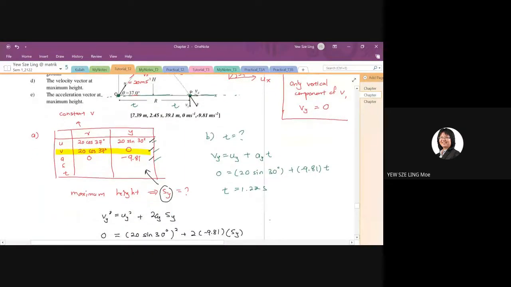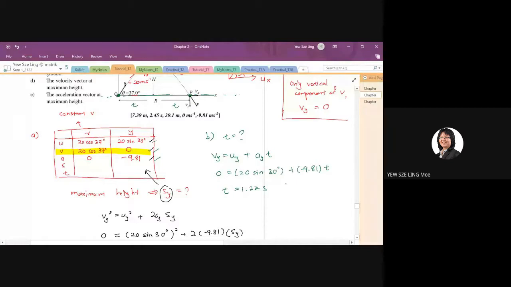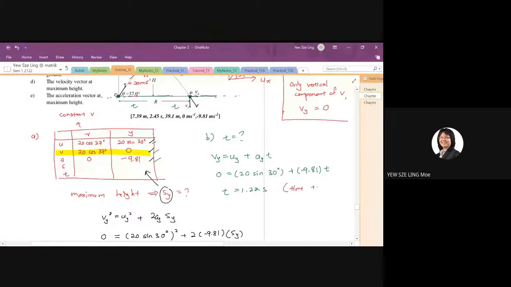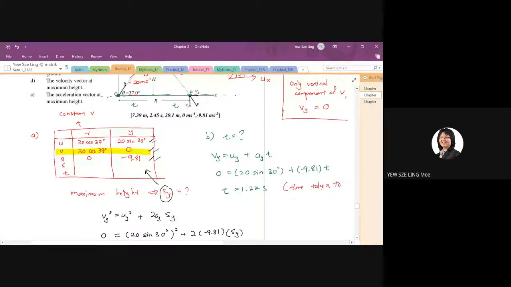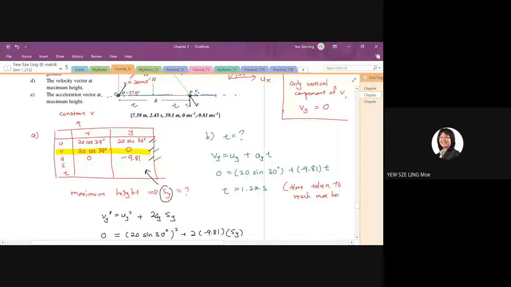So this is the time taken to reach maximum height. You haven't calculated the final answer yet. So remember, don't stop here. You need to continue.